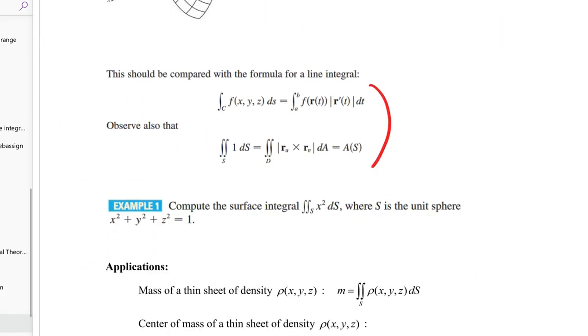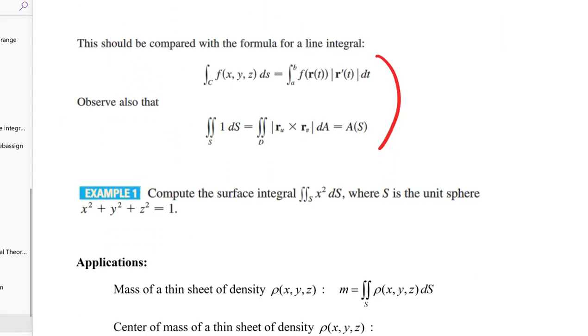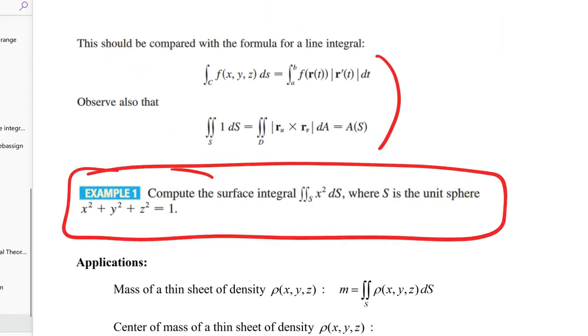All right, so let's try this one. Compute the surface integral of x squared dS, where S is the unit sphere, x squared plus y squared plus z squared equals 1. Let me draw this in black.